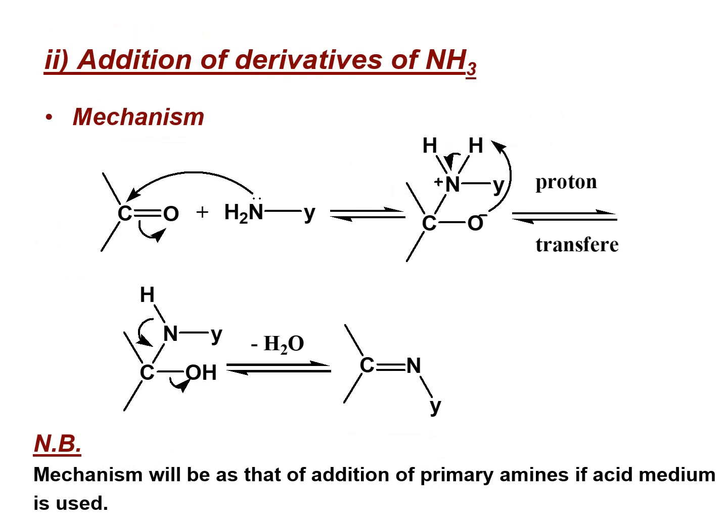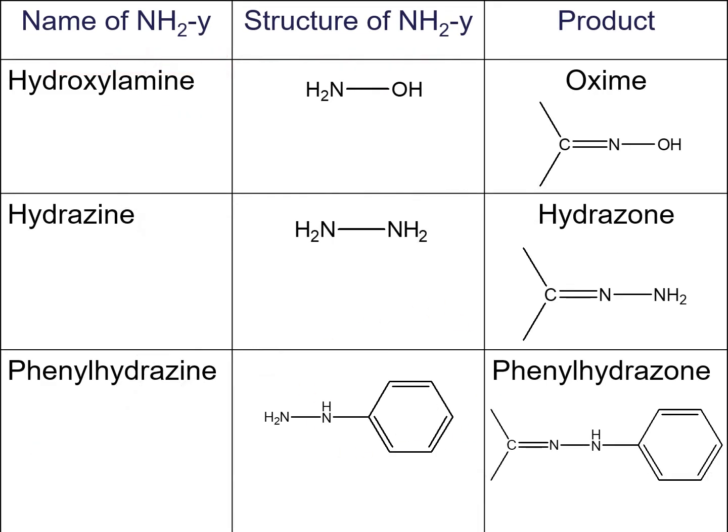The second reaction was the addition of amine derivatives. As we have said, you remove the R and you add a different substituent to the amino group, giving your different derivatives. As we have said, if the Y is an OH, you end up with an oxime. So this is the hydroxylamine. If the Y is an amino group, this is the hydrazine, giving the hydrazone.